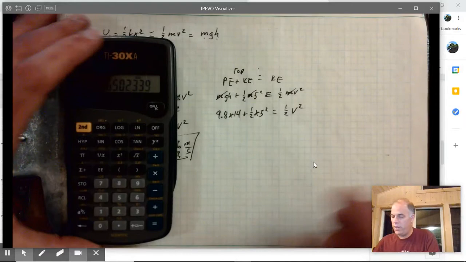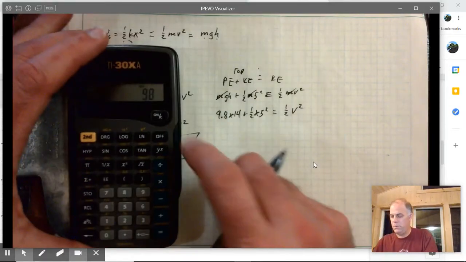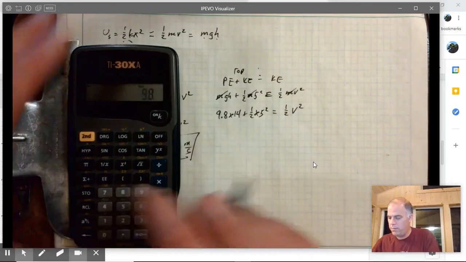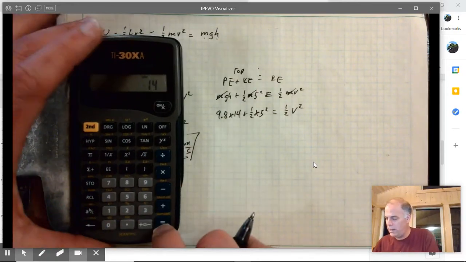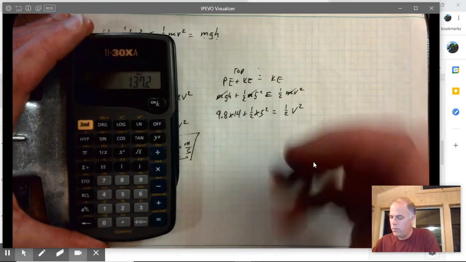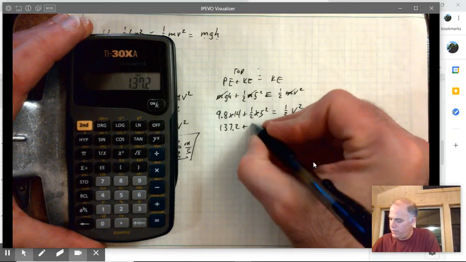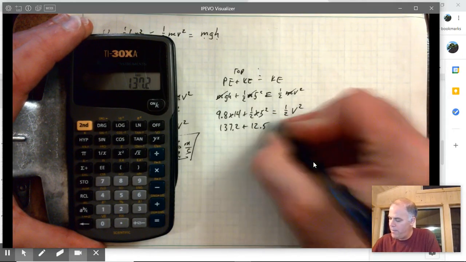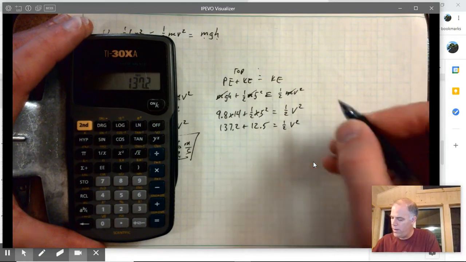Crunch some numbers, and we get 9.8. That's what I did wrong. My decimal point's not working well. 9.8 times 14 equals 137.2 plus 12.5, because that's half of 25, equals 1/2 v squared.